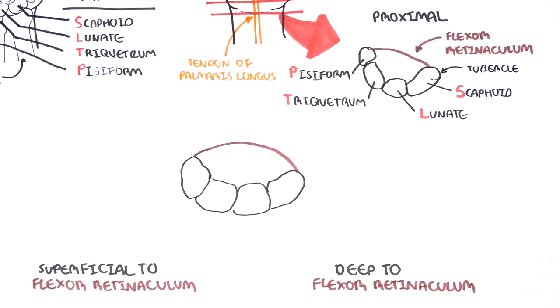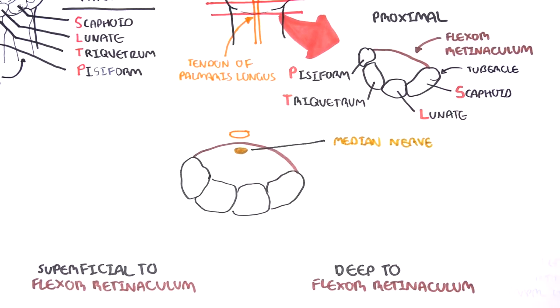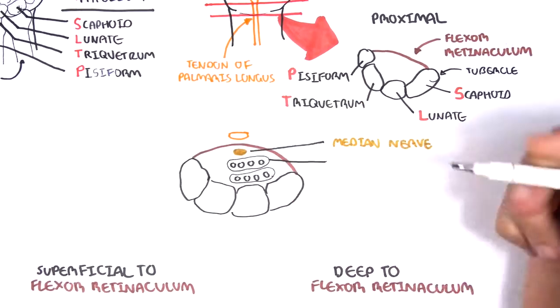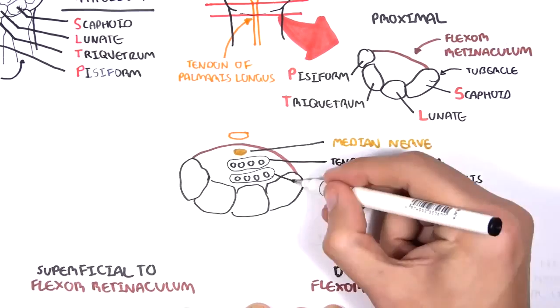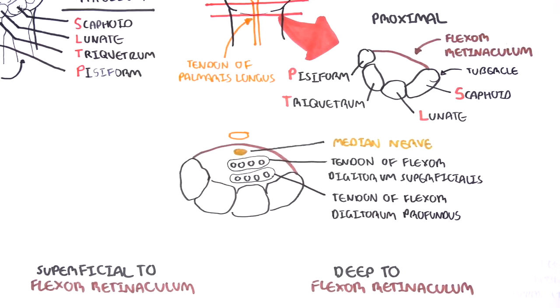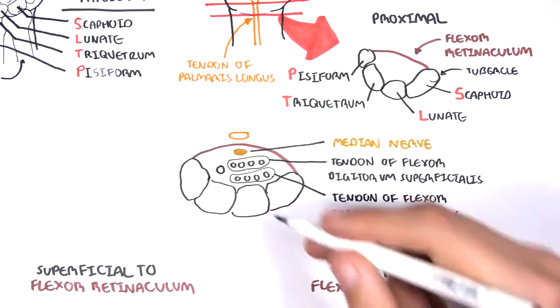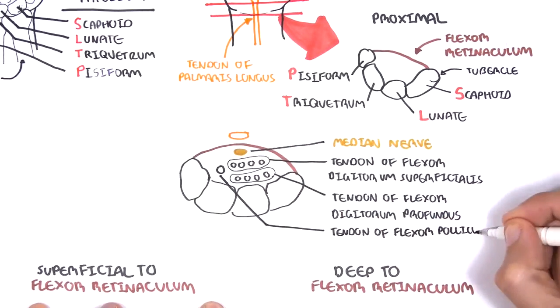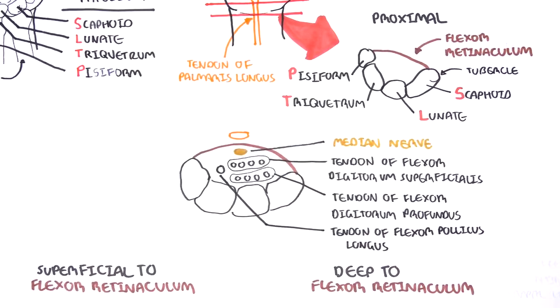It's easy to divide it into 4 things. 1, the median nerve. 2, the tendons of flexor digitorum superficialis. 3, the tendons of flexor digitorum profundus, and the 4th is the tendon of flexor pollicis longus, which goes to the thumb. And the flexor digitorum superficialis and flexor digitorum profundus have 4 actual tendons each.